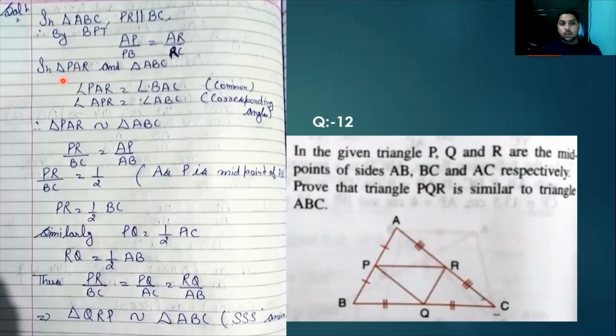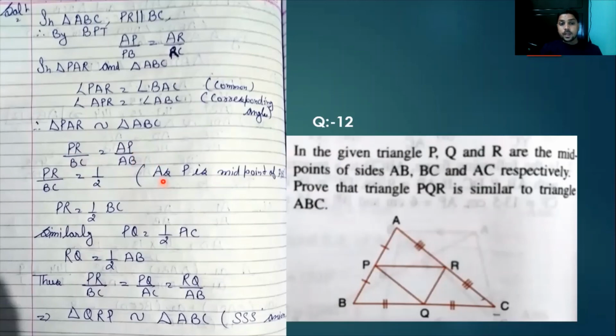Now, comparing the two triangles, the smaller triangle PAR and the larger triangle ABC, we have one angle common here, and this angle will be the corresponding angle. So the triangles will be similar, and if the triangles are similar, then their corresponding sides will be in proportion. That means PR upon BC, the smaller side and the larger side, will be equal to AP over AB, and PR upon BC is equal to AR upon AC here.